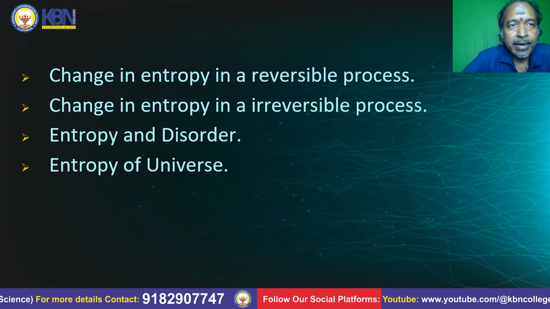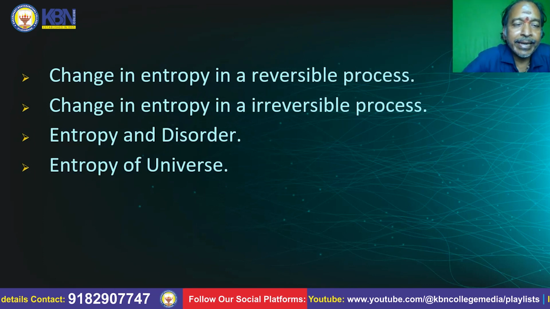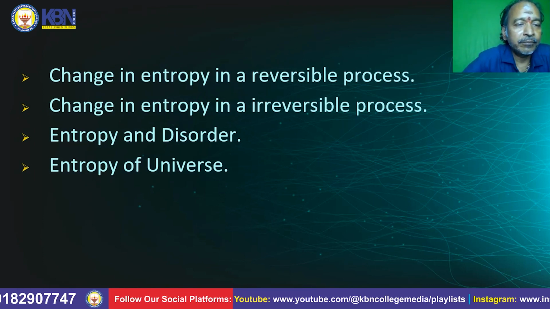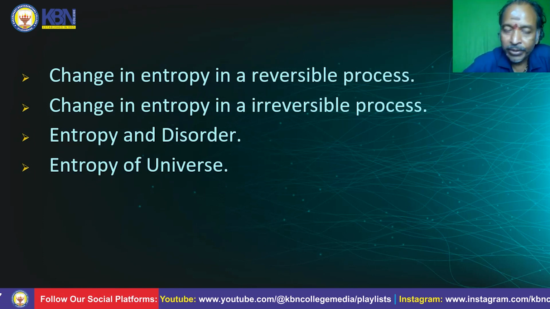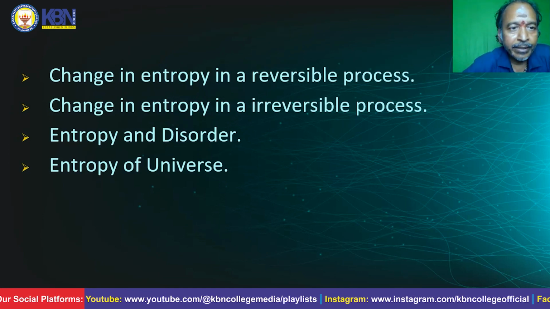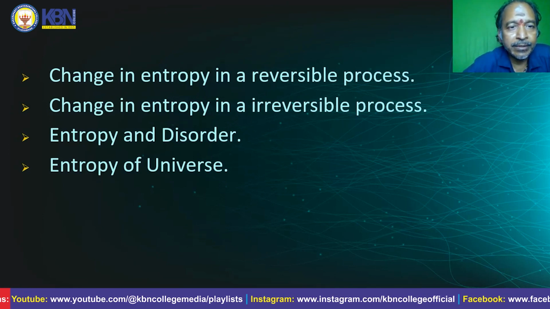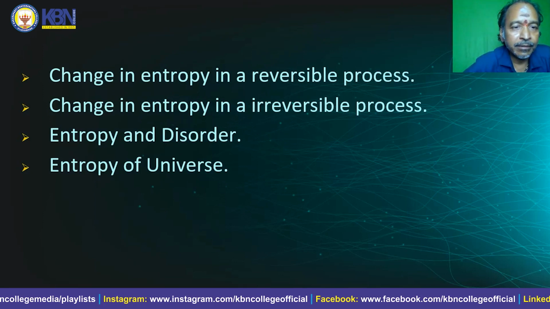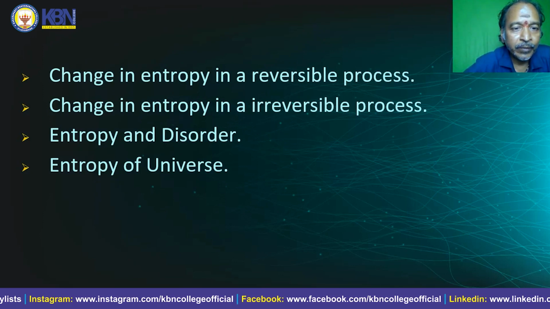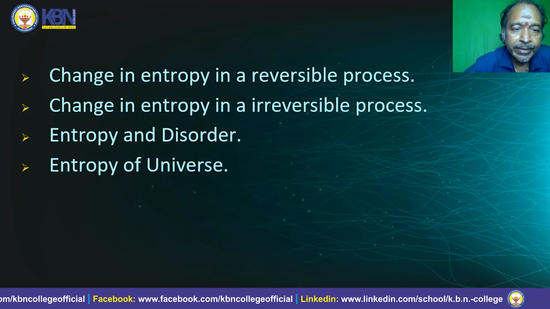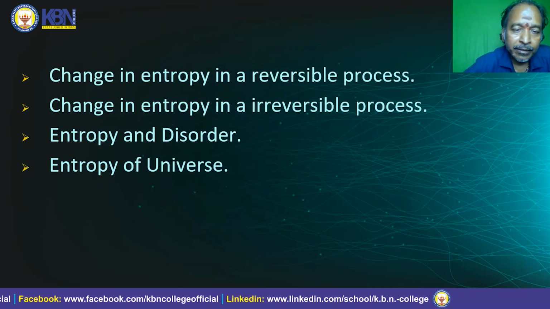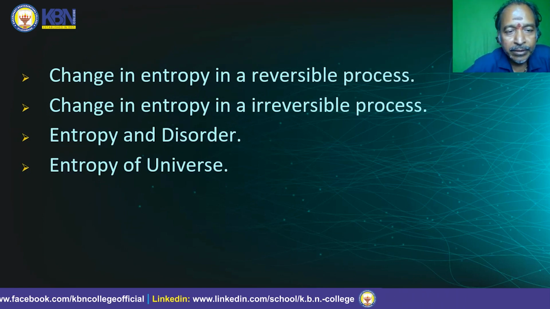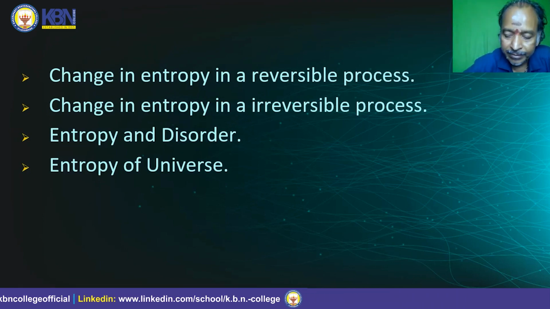It is constant in an adiabatic process, just like the temperature in an isothermal process. In a reversible process the entropy remains constant, and in an irreversible process the entropy increases, the disorder also increases, and the entropy in the universe always increases.